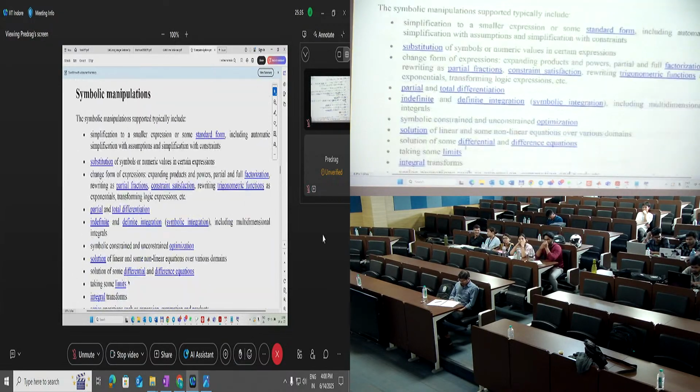Here is a list of symbolic computation tools such as substitution, partial derivatives, solving linear systems, matrix equations, computing limits, symbolic integration, and so on.